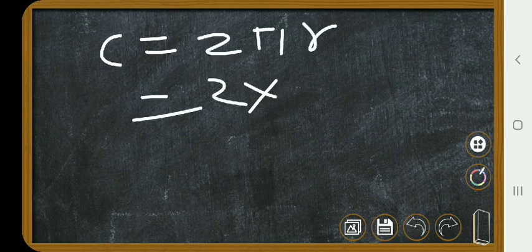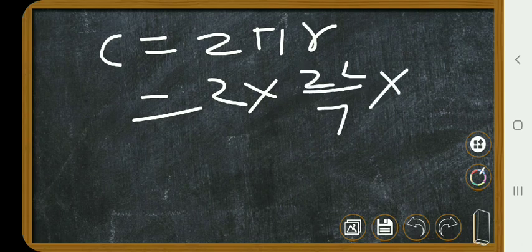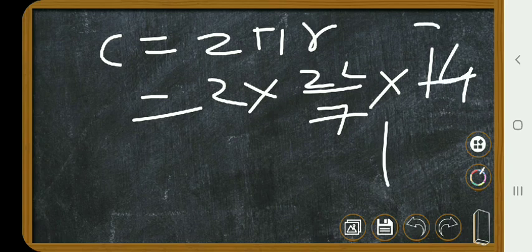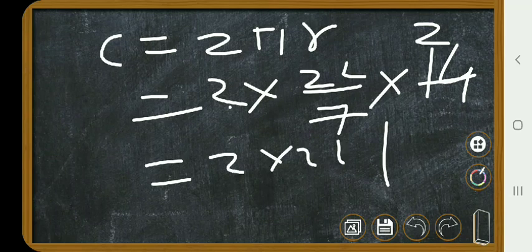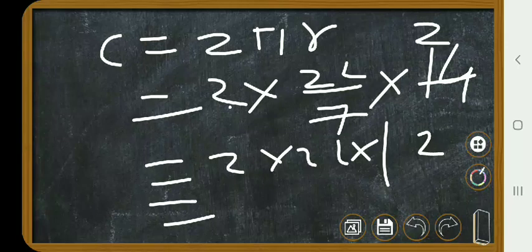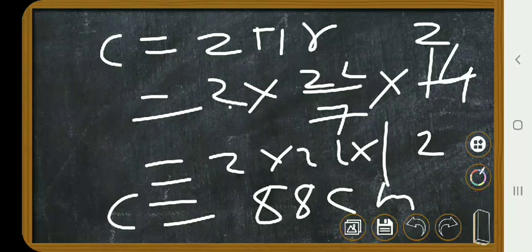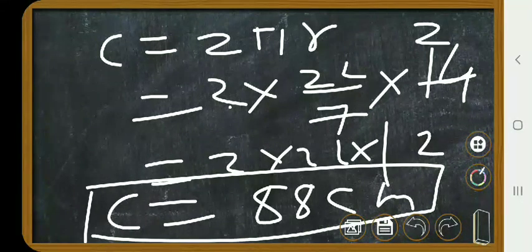If the value of pi is not given, then you have to consider 22 upon 7, and radius we found 14. 7 ones are 7, 7 twos are 14. 2 multiplied by 22 multiplied by 2, so 44, and this 2, 88 centimeter. Circumference is 88 centimeter.